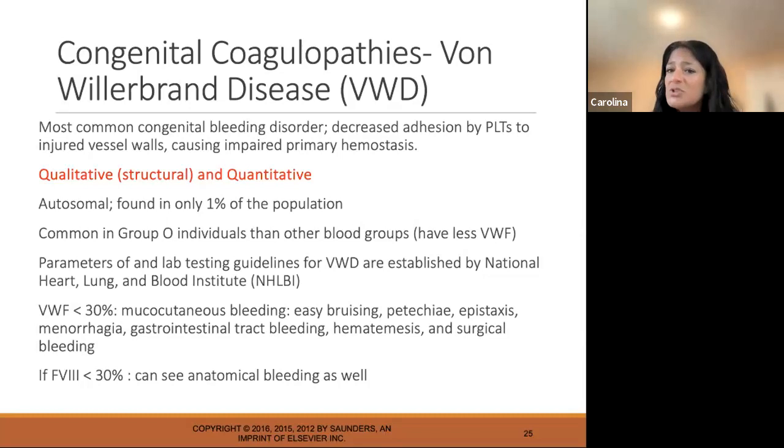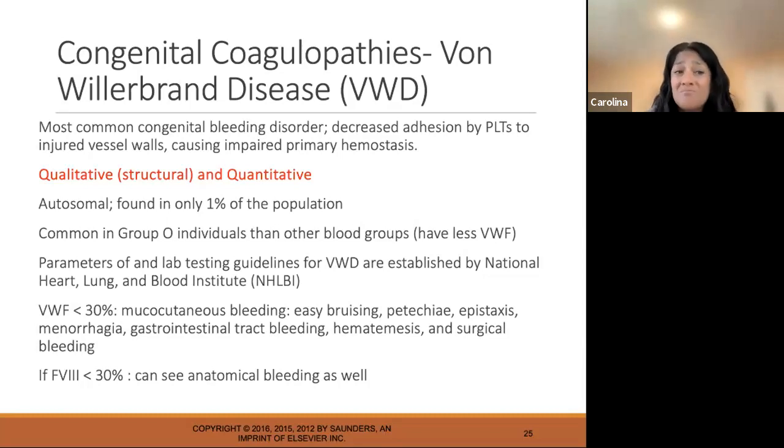And so there are a lot of mutations that may cause von Willebrand's disease. These mutations can cause either quantitative or qualitative von Willebrand factor abnormalities. Quantitative is usually known as type 1, and qualitative, which is more functional, is known as type 2 von Willebrand disease. I'll talk about that in a little bit. Both of these abnormalities lead to decreased platelet adhesion to the injured vessel walls, and impair primary hemostasis, right?